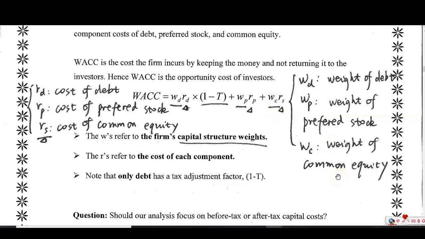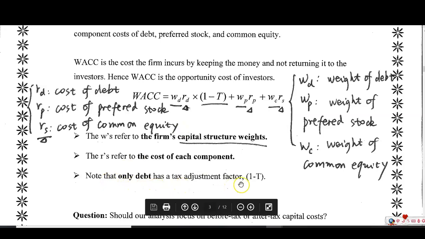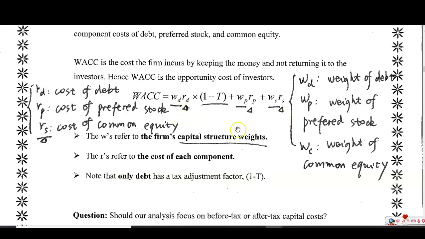We multiply the three weights by the three R's. The R's refer to the cost of each component: RD is the cost of debt, RP is the cost of preferred stock, and RS is the cost of common equity. Note that only debt has a tax adjustment, 1 minus tax rate.